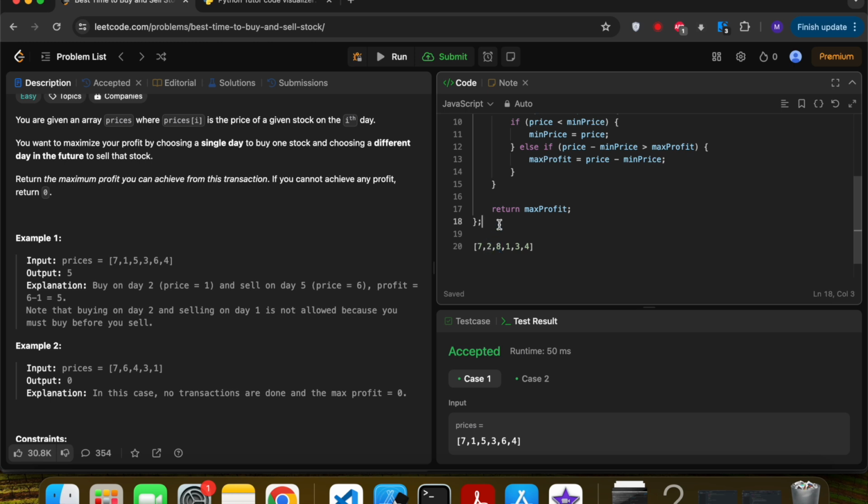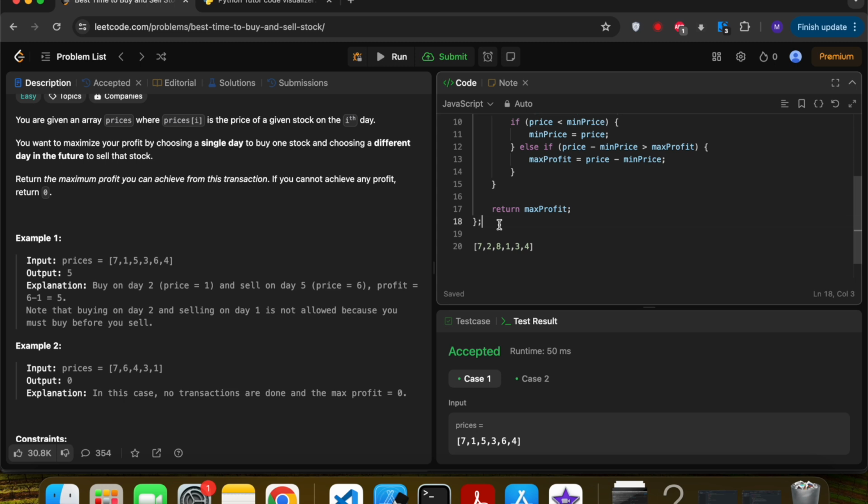So it is not about our minimum changing, but about the fact that we already calculated the maximum profit, even if the maximum profit did not result from the lowest price. We only look for the minimum price as we are looping over the array, as we are looking into the days.